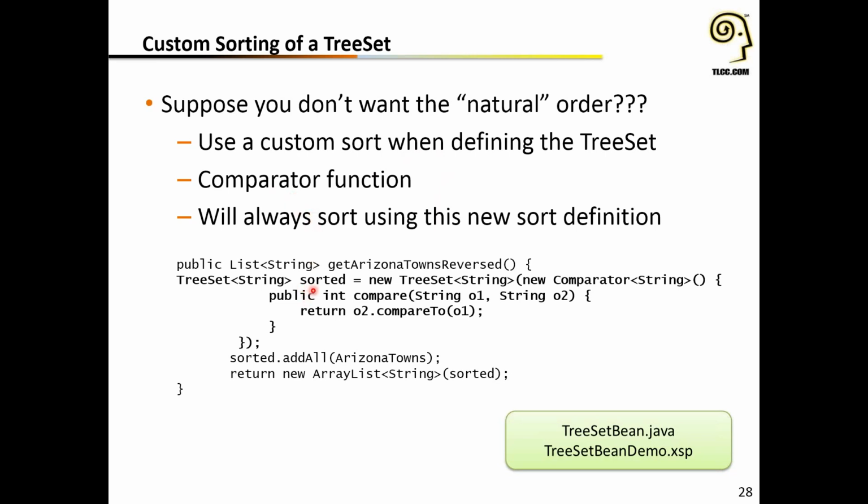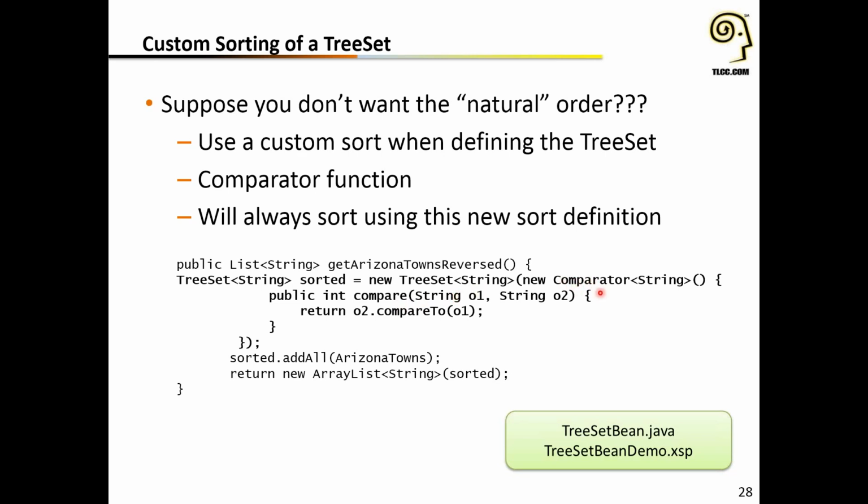So when I declare a TreeSet, I can pass in as the argument to my constructor for the TreeSet a comparator function. And for this comparator, we're going to create a new comparator, and inside that we'll have a method.